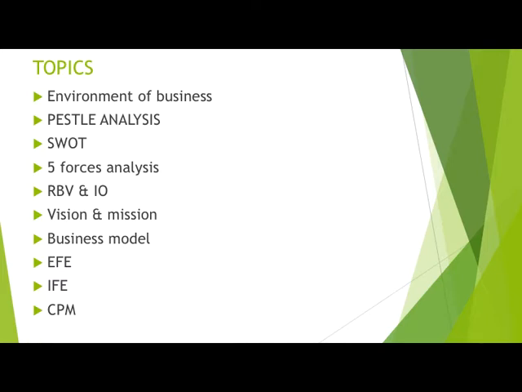So what's the major difference between weights for a CPM and the weights for an EFE and IFE? What are the main differences between the weights in the IFE and EFE and the weights that you get in the CPM? Right, correct. The CPM looks at weights for the industry, whereas the weights for the IFE and EFE are for the individual business.